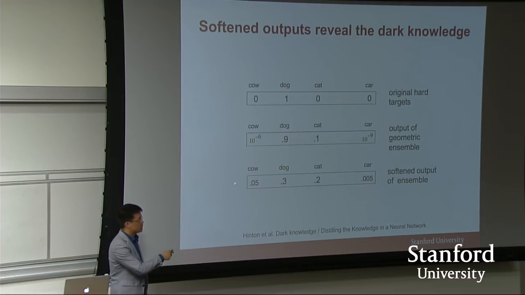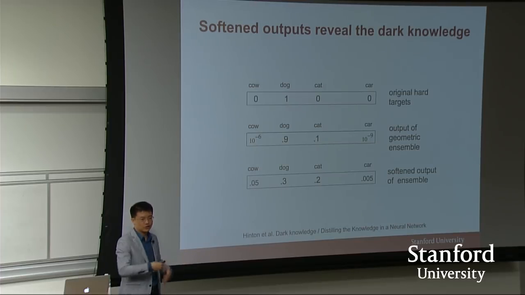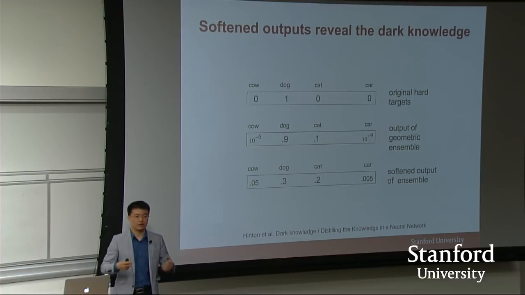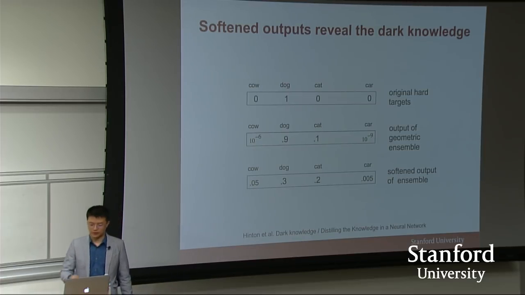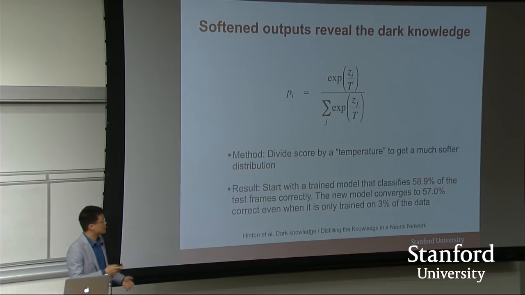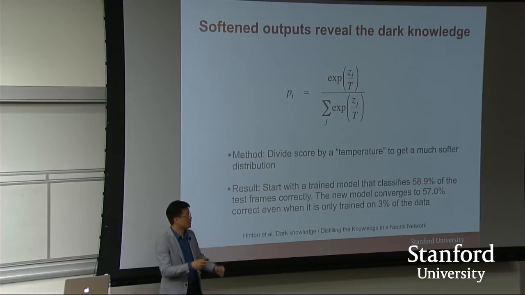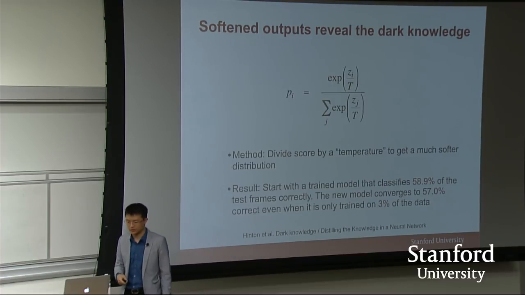But you use this soft label to train the student neural network, rather than the very hard label. Mathematically, you control how soft you make it by the temperature in the softmax.